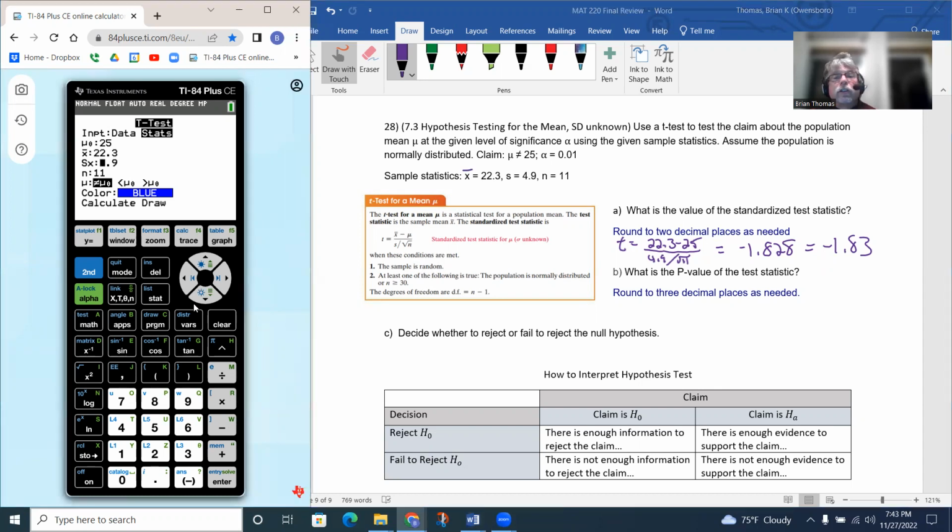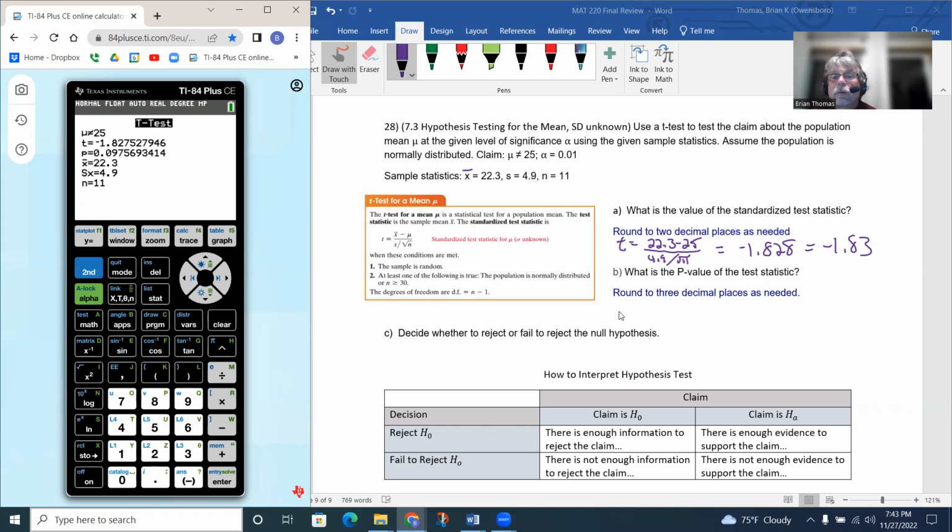The standard deviation is 4.9. The sample size is 11. And this was not equal to 25, so we use that. This is one of those two-tailed distributions. If we do that, it should give us our p-value, which is going to be 0.097.